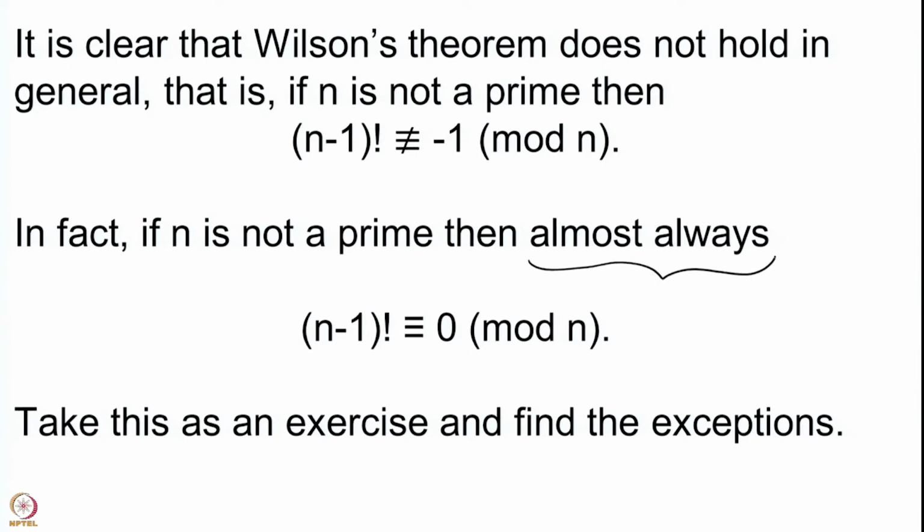Almost always means except for a few cases you have this. So, those few cases where n is a composite number, but (n minus 1) factorial is not divisible by n, those are the cases that I want you to find, and in the remaining cases I want you to prove that (n minus 1) factorial is congruent to 0 mod n.